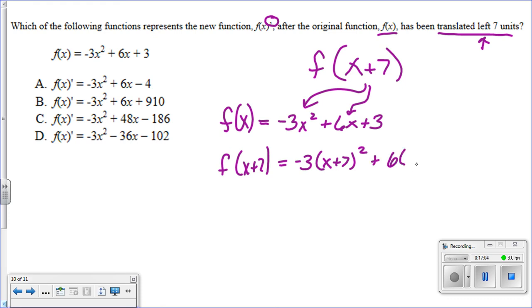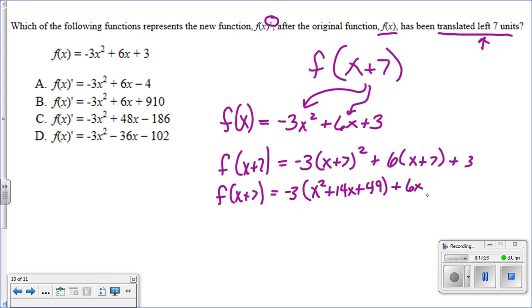And I'm guessing you probably know what to do from here. I think we're going to multiply it out. So f of x plus 7 is equal to negative 3, and to square that, remember you have to FOIL it. So I've done enough of these to know that that's got to be x squared plus 14x plus 49, plus 6x plus 42, plus 3.